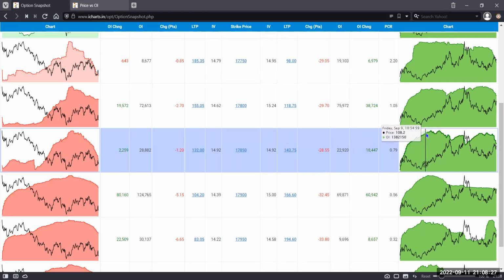They will have to exit because they are in profits. They don't want their profits to go into loss. If this shoots up more, they'll be in bigger trouble. So once these two conditions are satisfied, OI increasing and price decreasing, and after that the put price starts going up, this will go flat because writers will stop writing, they'll start unwinding.